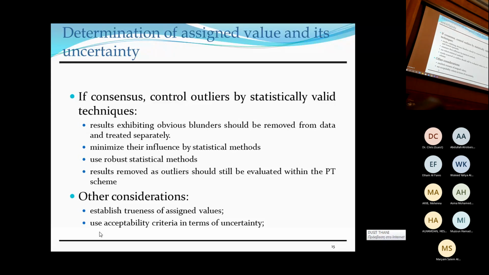It's not simple, particularly because in most cases, the weighted average is used as a way of forming an assigned value or a reference value. And the weighted average is notorious for being prone to giving wrong results when outliers are present.